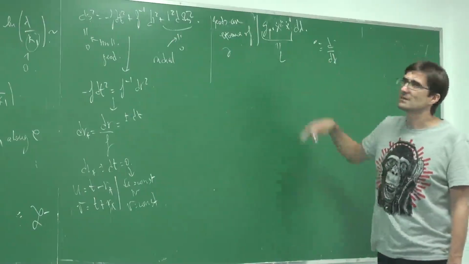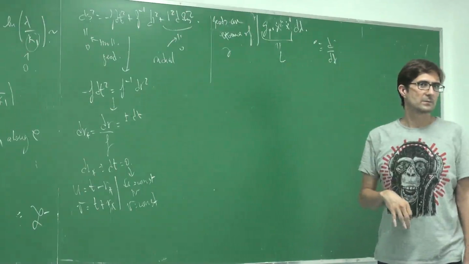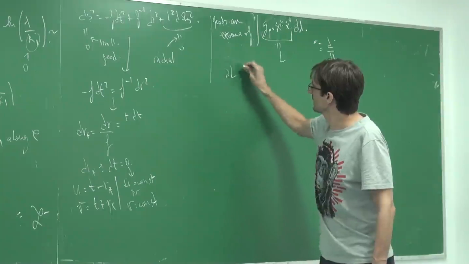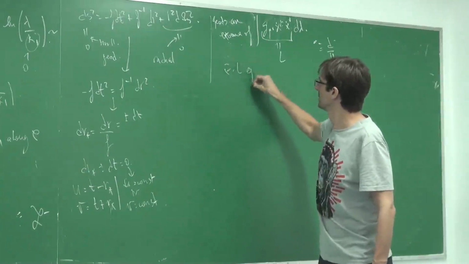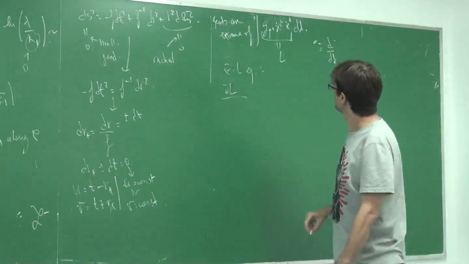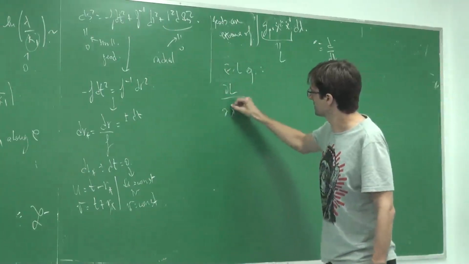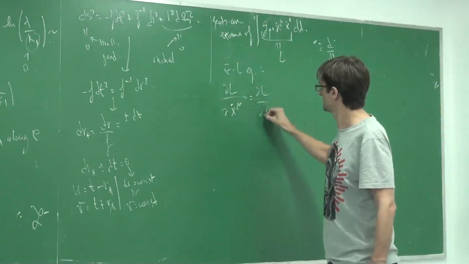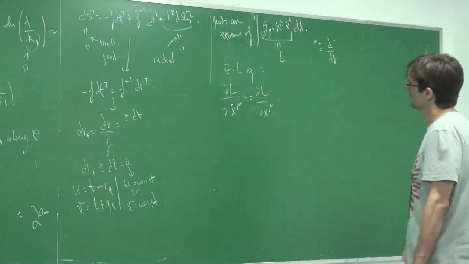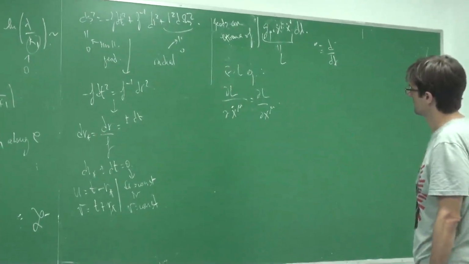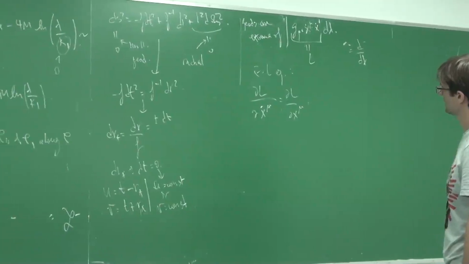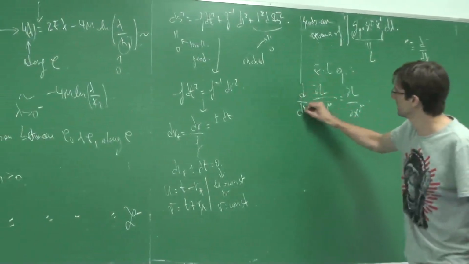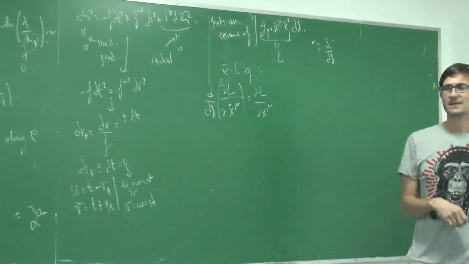So that's the geodesics. And then the Euler-Lagrange equations: the partial derivative of L with respect to x dot mu is equal to d by d lambda of the partial derivative of L with respect to x mu.